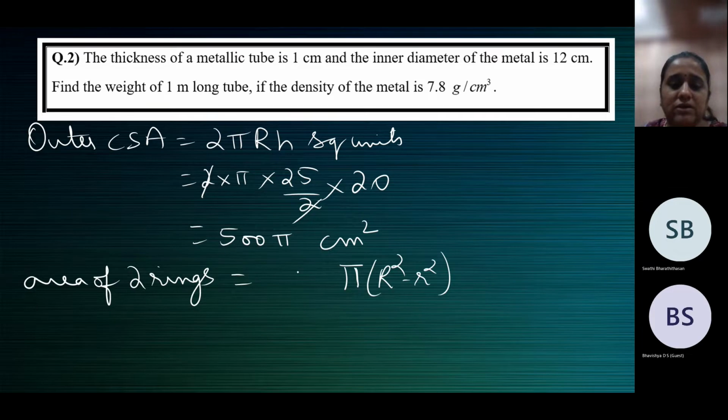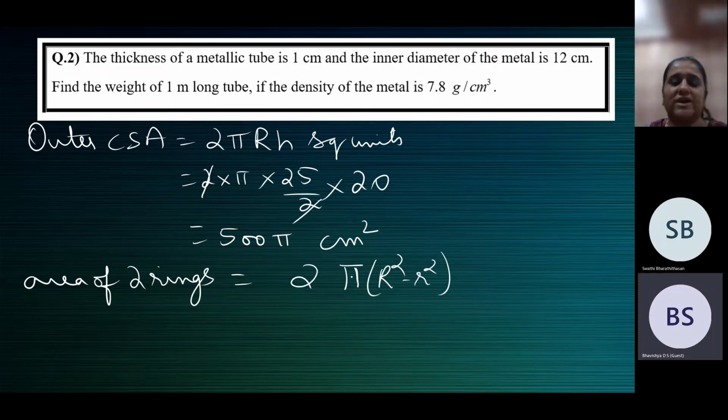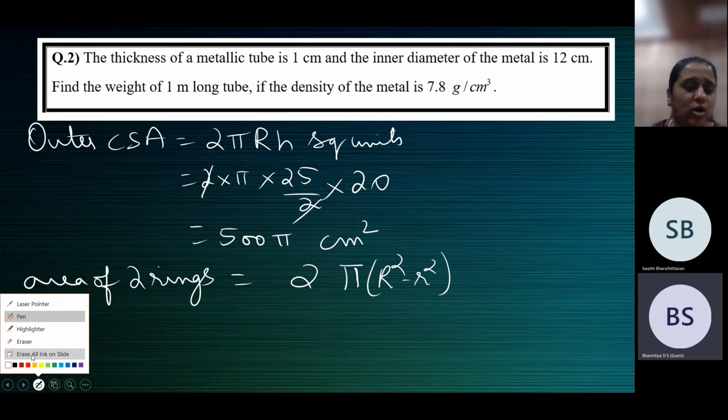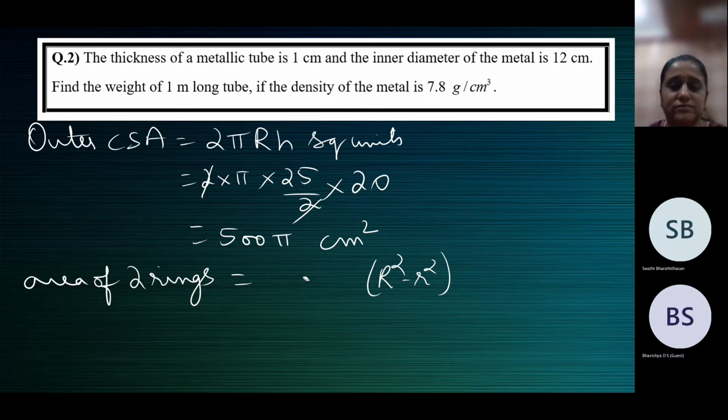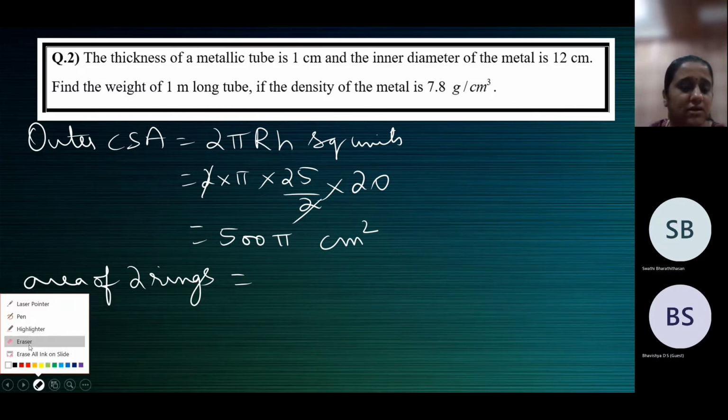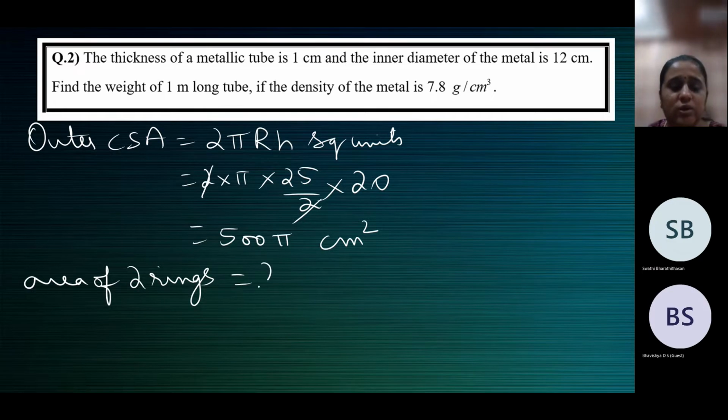Two rings will be 2 into that, or you can just write 2 pi. Correct. Area of two rings is 2 pi, capital R square minus small r square, square units.